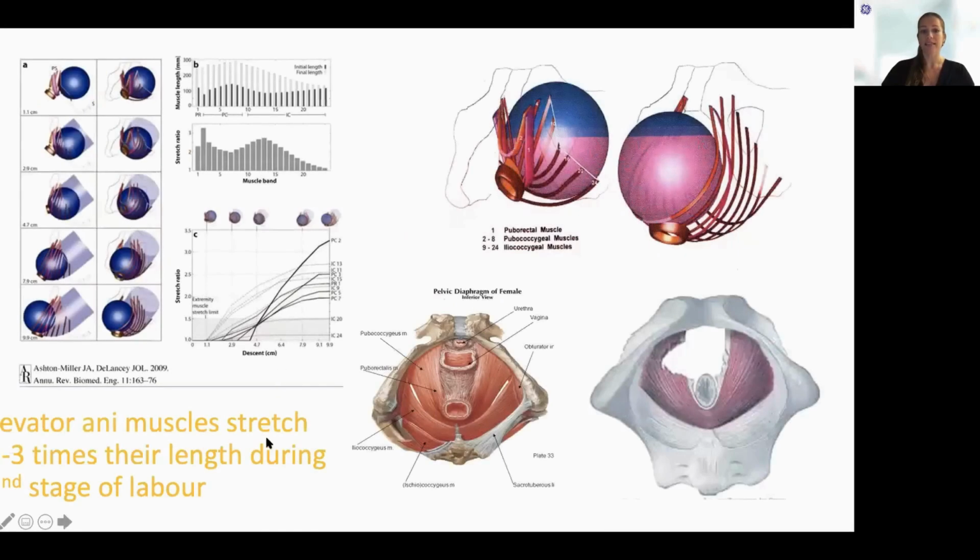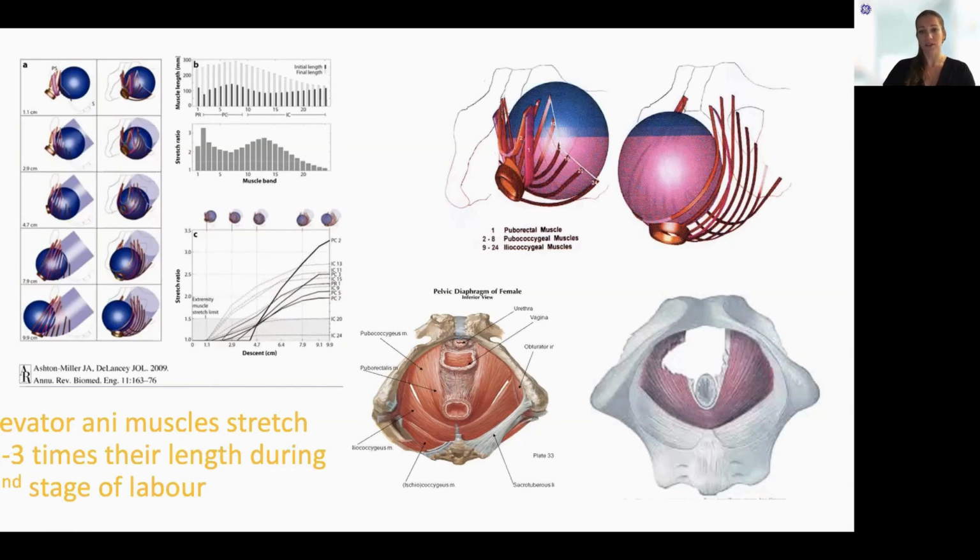During the second stage of labor, during vaginal delivery, levator-ani muscles stretch 2 to 3 times their length. And here we can see in an experimental study that the pubococcygeus muscle is the one that stretches most.